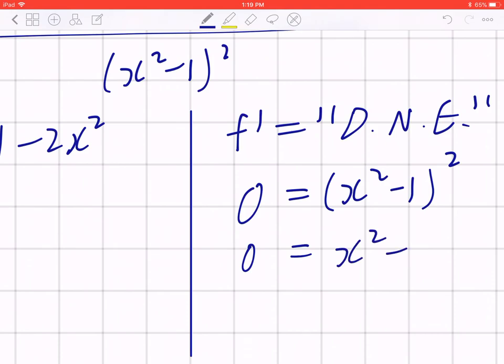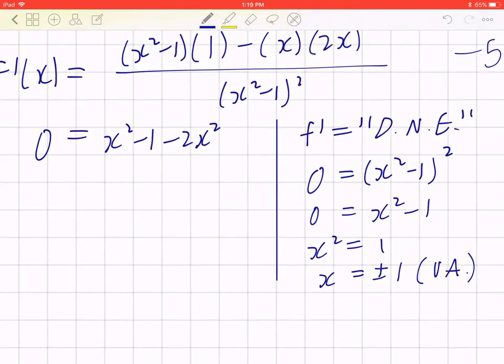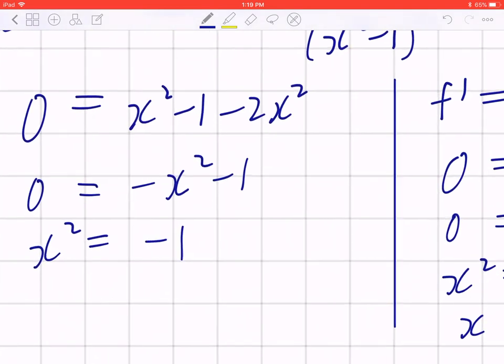If I solve x² = 1, then x would be plus or minus 1. But we wrote down that those are vertical asymptotes, so they will not be part of the critical points. If you go back to the first column and collect terms, −x² − 1 = 0, x² = −1.